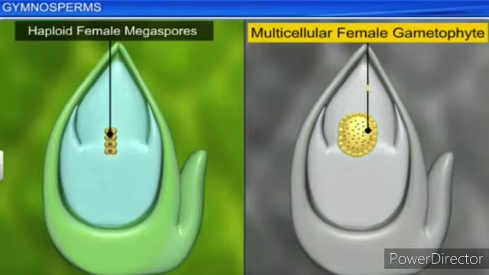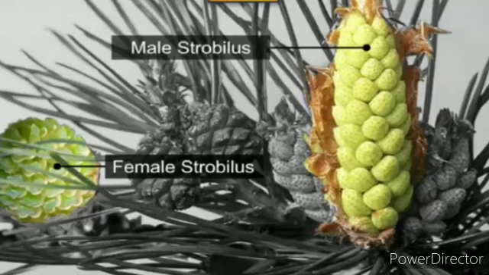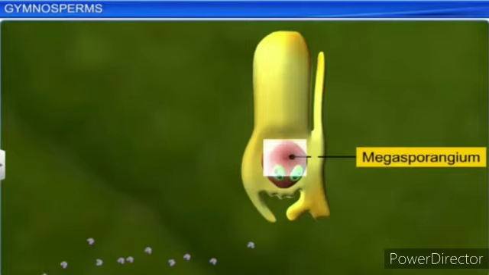The multicellular female gametophyte is also retained within the megasporangium. In the gymnosperms, the male and the female gametophytes do not have an independent free-living existence. They remain within the sporangia retained on the sporophytes.